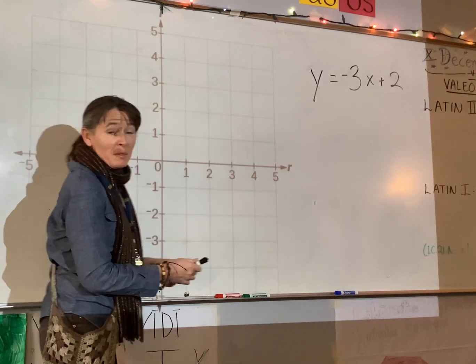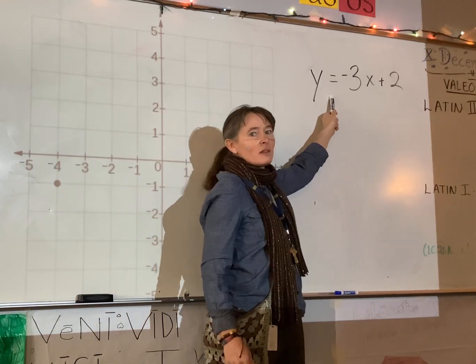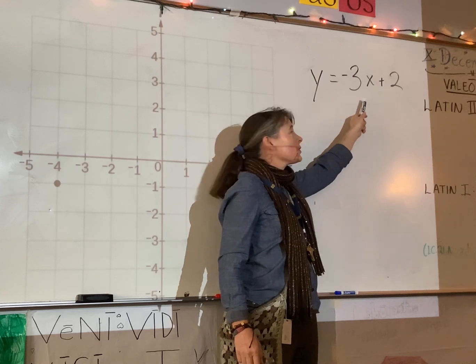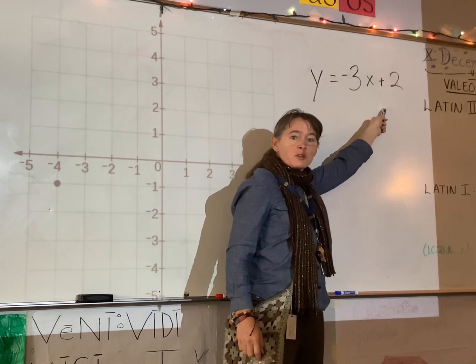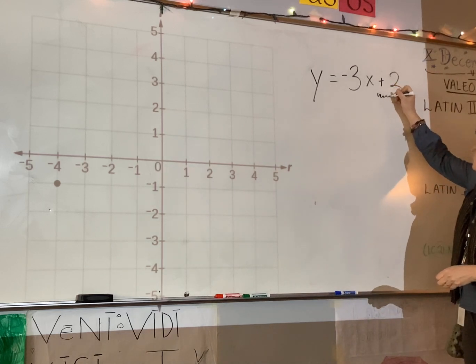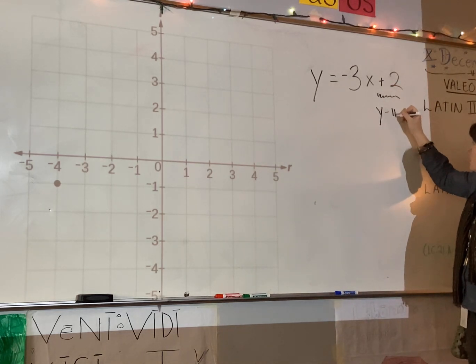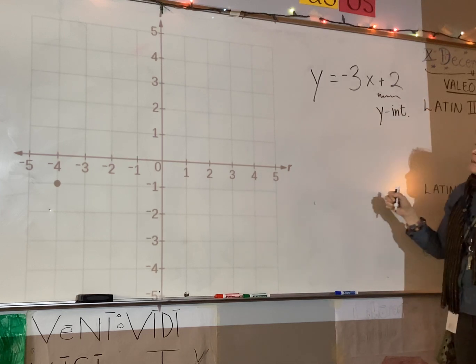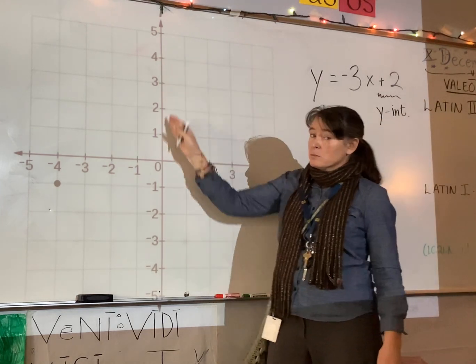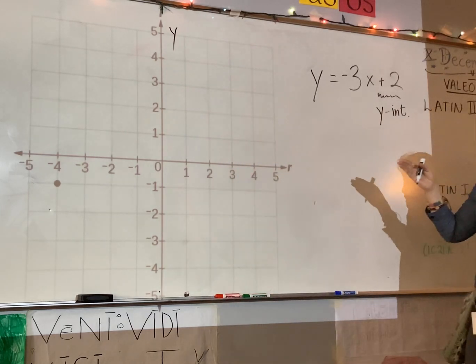So we begin with an equation in what is called slope-intercept form. It has the form y equals some number times x plus or minus some other number. And this number, the second one that's by itself, positive or negative, gives us the y-intercept. That is the place on the y-axis, which is vertical, where the graph of that line will cut across that axis.